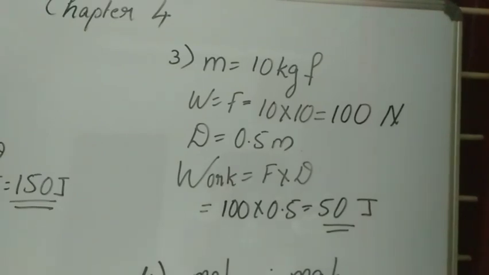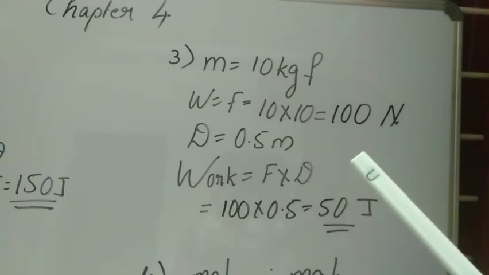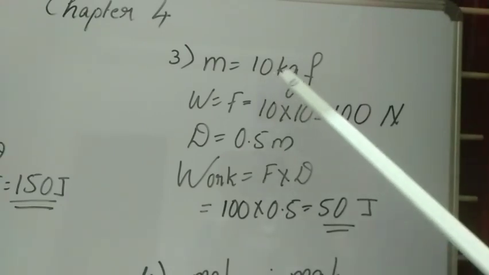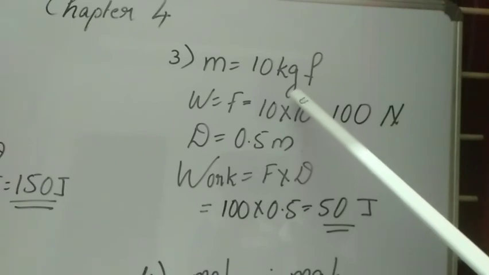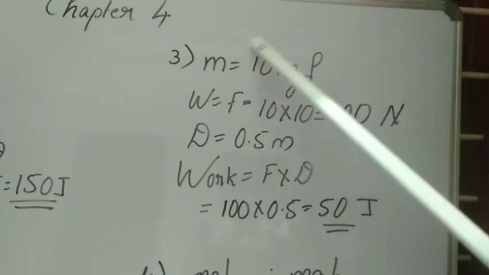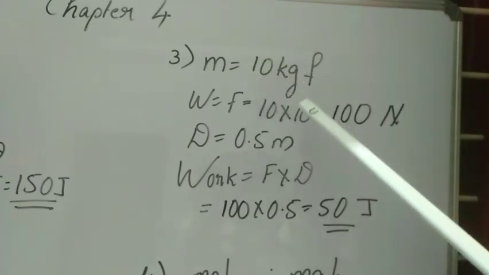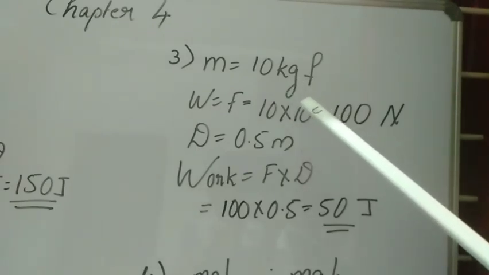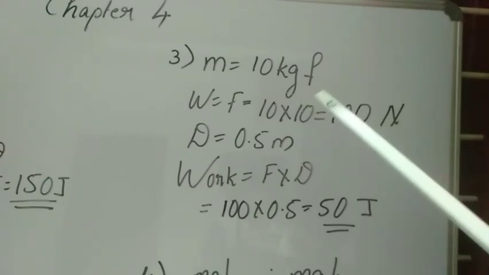Next, question number 3. A body when acted upon by a force 10 kgf moves a distance 0.5 meter in the direction of force. So 10 kgf. Kg and kgf both are the unit of mass, not the unit of weight or force. So here again, as we did in question number 2, we convert kg to Newton.